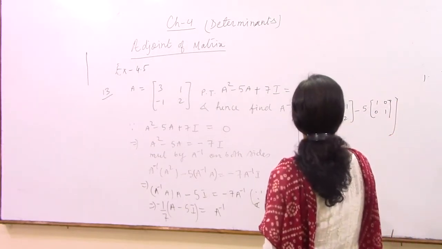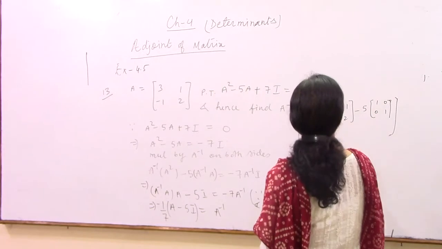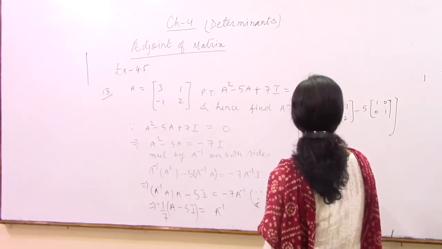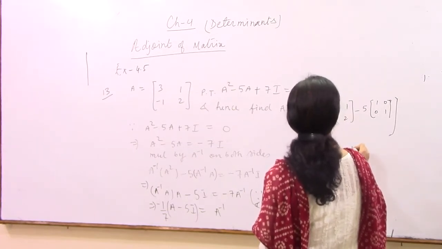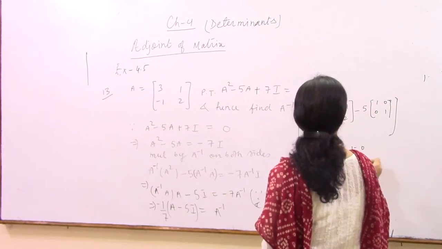Minus 1 by 7, 3 minus 5 is minus 2, minus 1 minus 0, then 1 minus 0 and 2 minus 5.